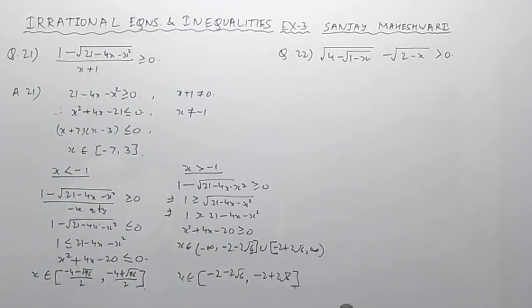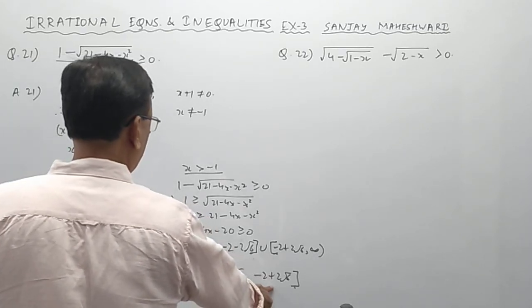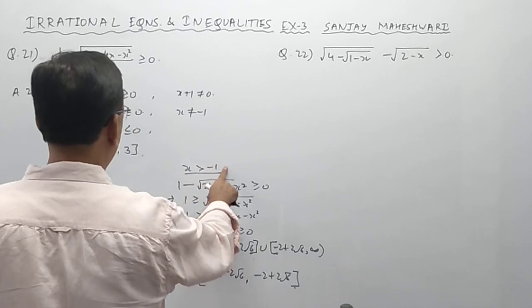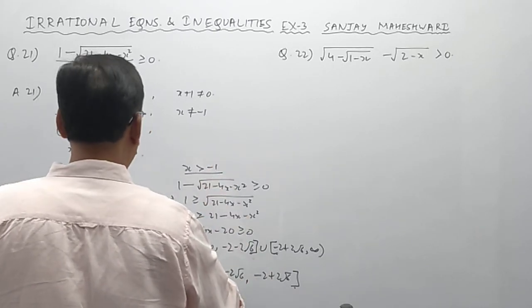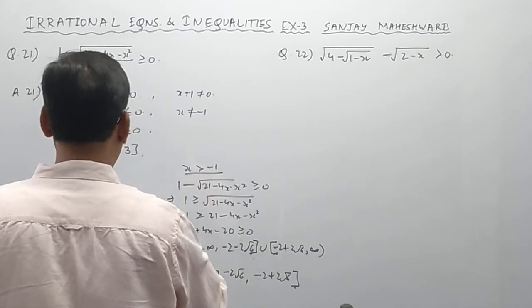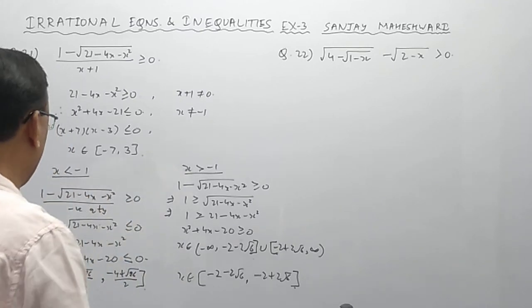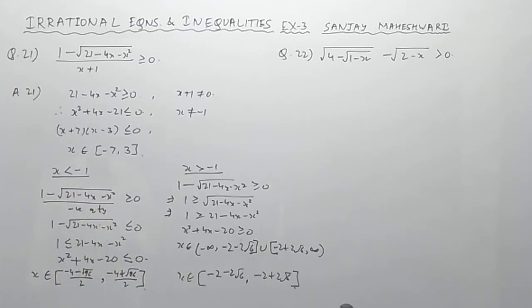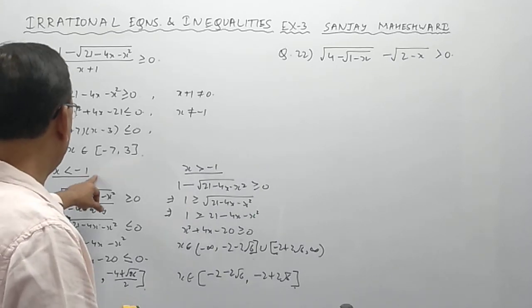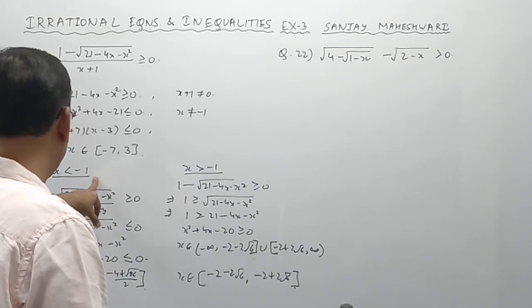These are the total things that we have got so far. Now you can easily see that this is a positive quantity. So for x greater than minus 1, we have to choose, and for x less than minus 1, we again have to choose. So you can see that up to minus 1, this is okay.